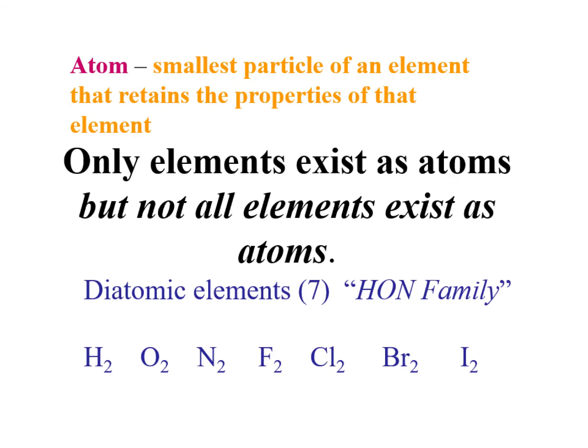One atom of an element has all the properties of any sample of that element anywhere. So even one atom of copper, it's so small we can't see it, but it has that brown color, it's a metal, it has the same luster. Each atom has all the properties of that substance. An atom is the smallest piece that will have those properties.